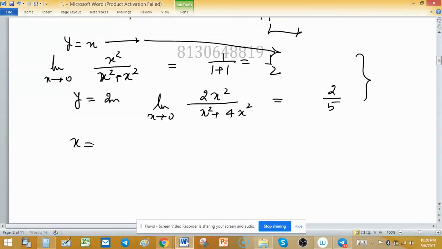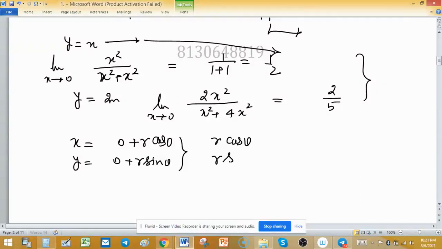In polar coordinates, as the point is (0,0), the x coordinate is 0, so 0 plus r cos theta, or directly I can put x equal to r cos theta, and the value of y will be 0 plus r sin theta. It means r cos theta and r sin theta are the respective transformations of x and y.